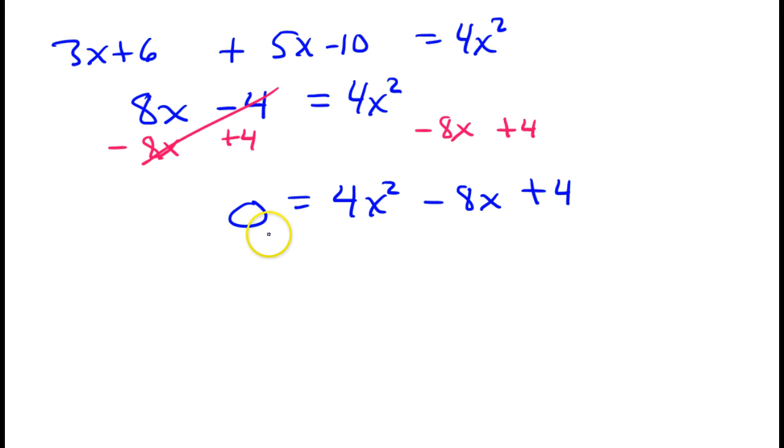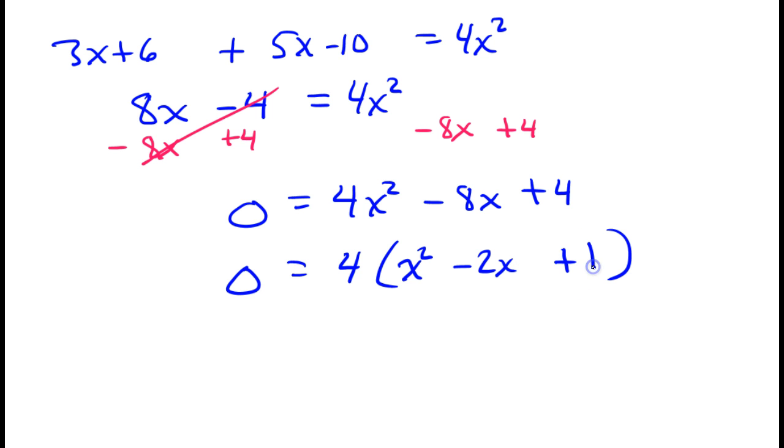Alright, maybe this is factorable. I see that there is a common factor of 4. So I'm going to start by pulling that out. So that's going to leave x squared minus 2x plus 1. Okay, now I'm going to try to factor this.